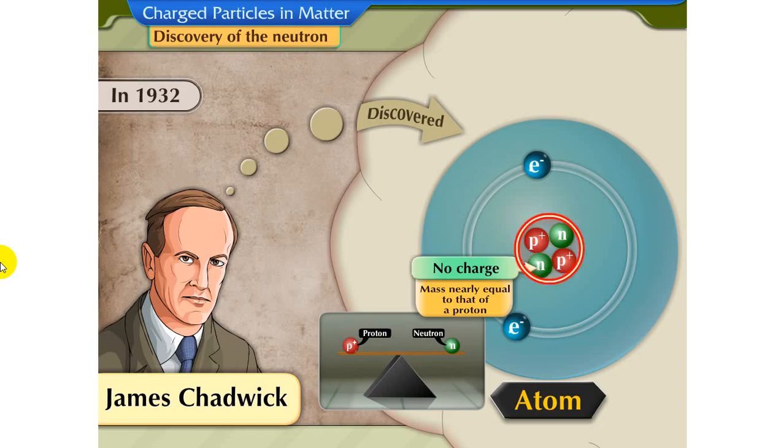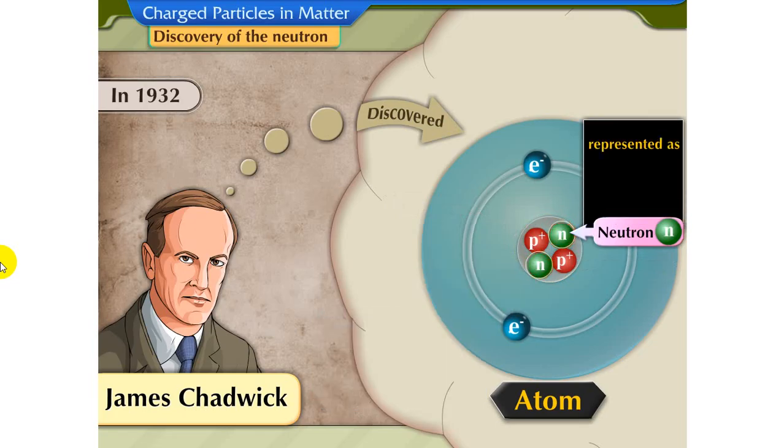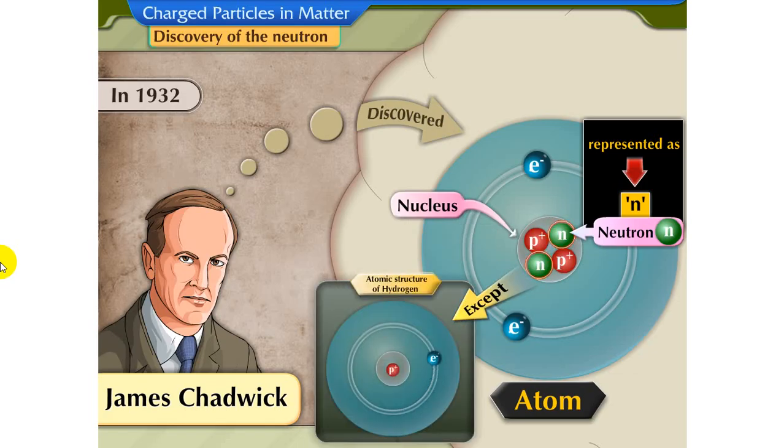It was present in the nucleus along with the proton. He named it as neutron. A neutron is represented as n. Neutrons are present in the nucleus of all the atoms except hydrogen.